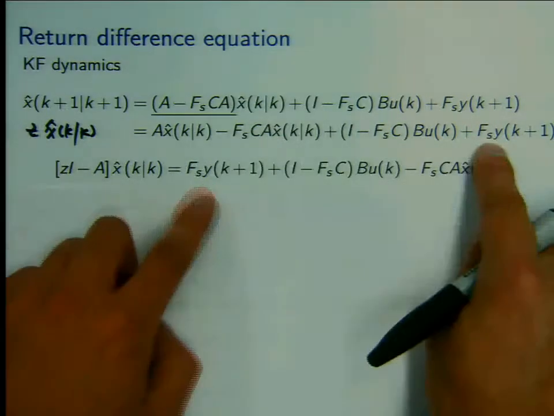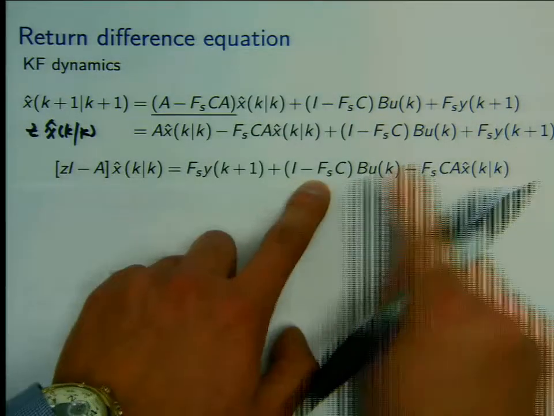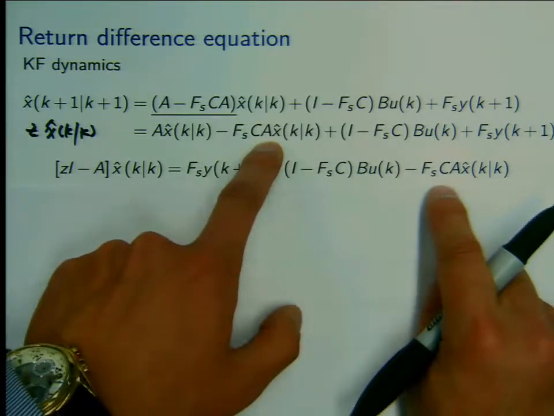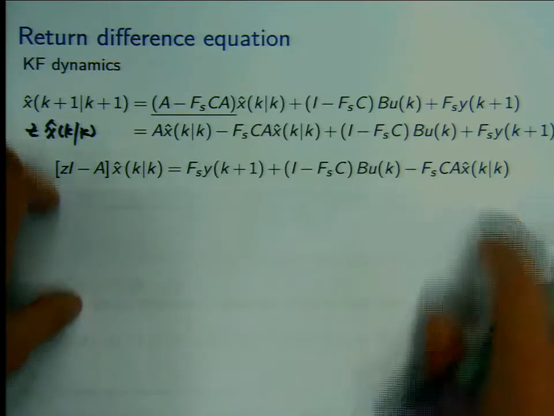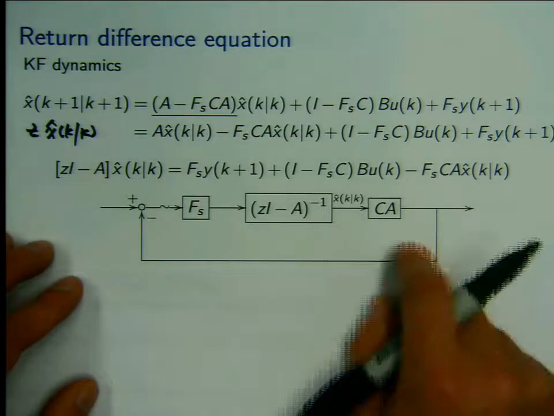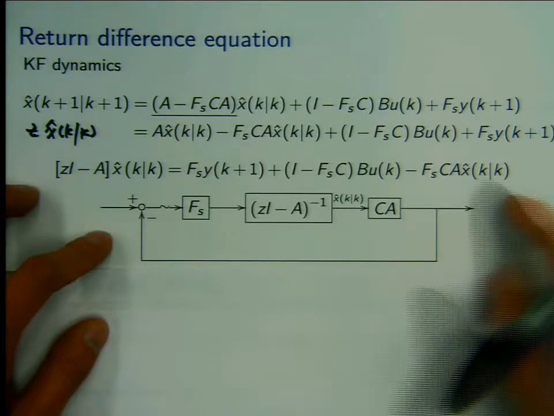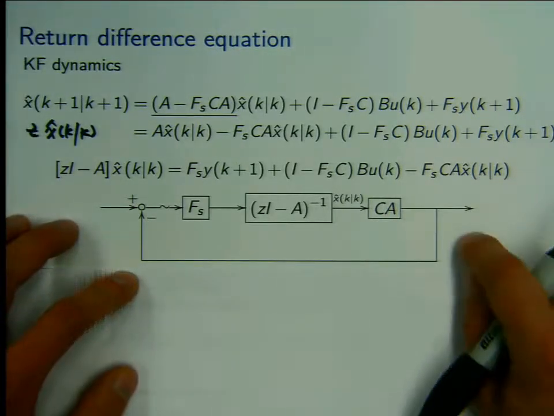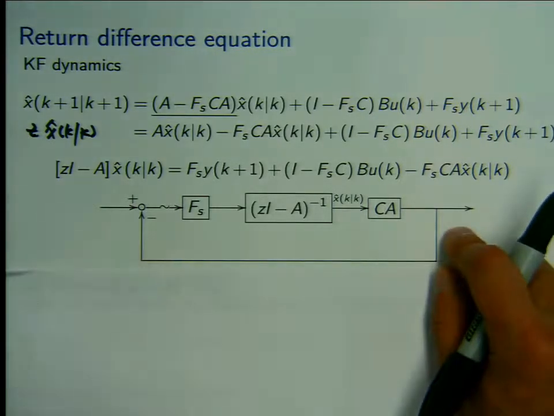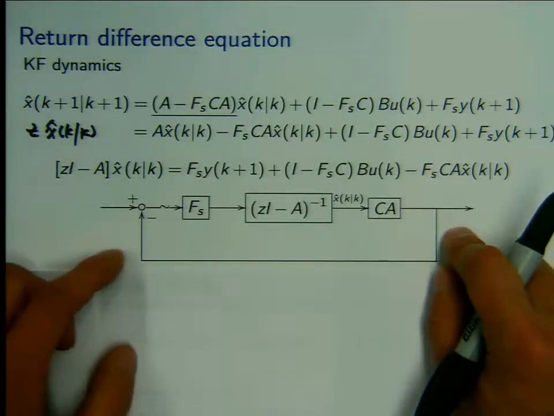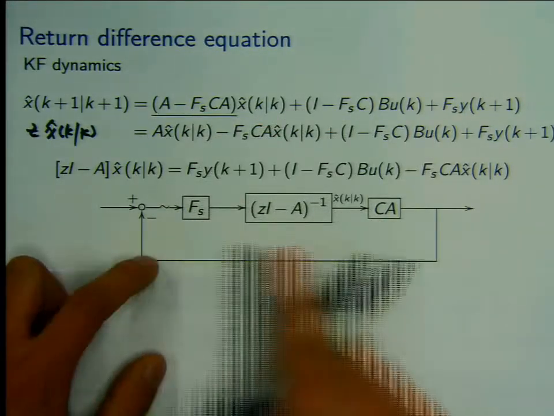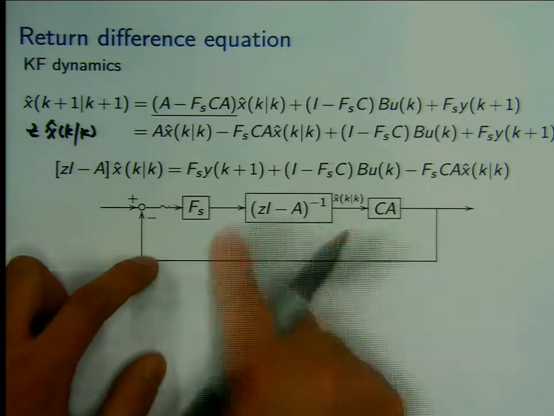You see, Fs y, I minus Fs C B u_k, and then this Fs C A x hat k|k. So this Kalman filter equation can be equivalently represented by this block diagram. Actually, this is the reason why I keep saying closed-loop Kalman filter, because this equation has some kind of closed-loop dynamics, and can be represented in this closed-loop form.